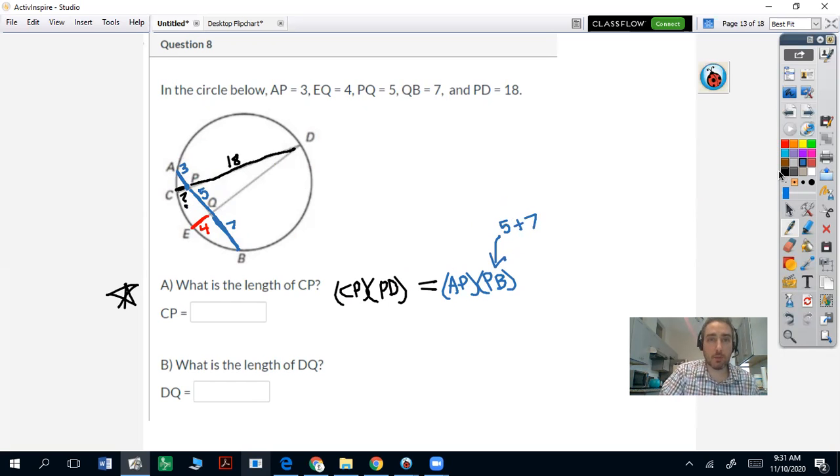So let's put in what we got. For CP, I'm just going to call that X for now. PD is 18, so 18X. AP is 3. And PB is 5 plus 7, so it's going to be 12. So it's 18X equals 3 times 12.